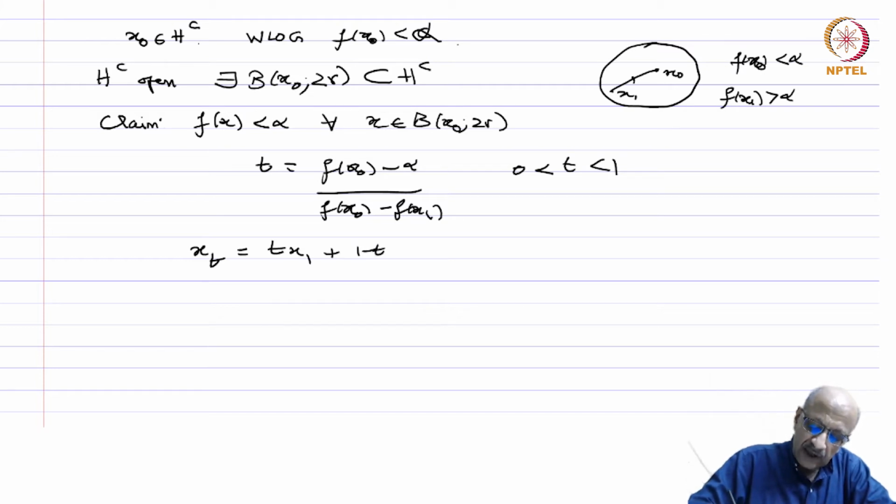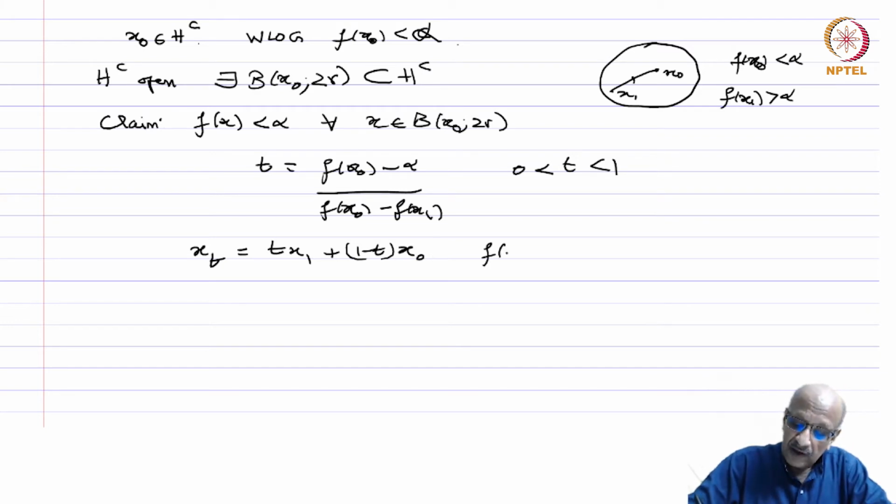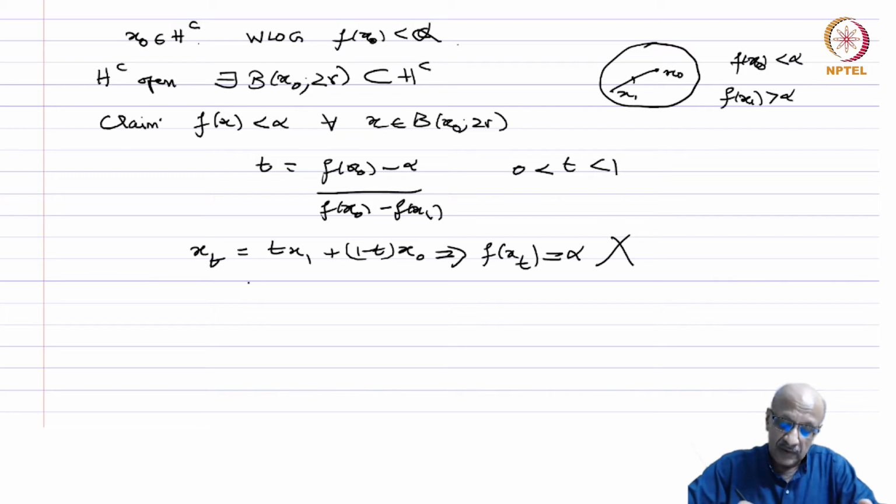Then if you put xt equal to t x1 plus (1 minus t) x naught, a simple calculation gives f of xt equal to alpha, and that of course is a contradiction because this entire line segment belongs to the ball, which is contained in H complement, and therefore you cannot have something equal to alpha.